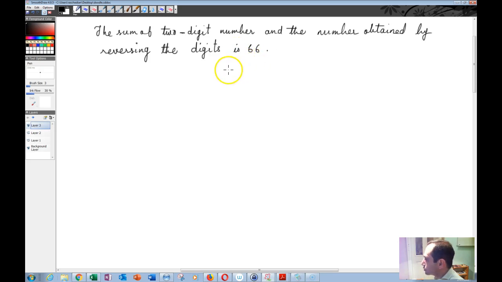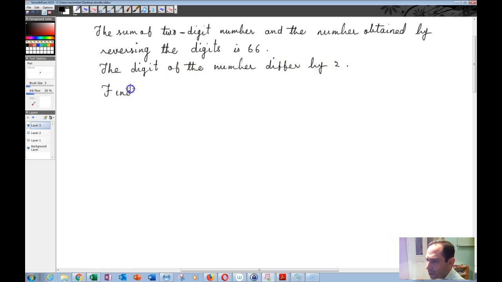Okay, and if the digits of the number differ by 2, you want to find the number, and also you want to know how many such numbers there are.